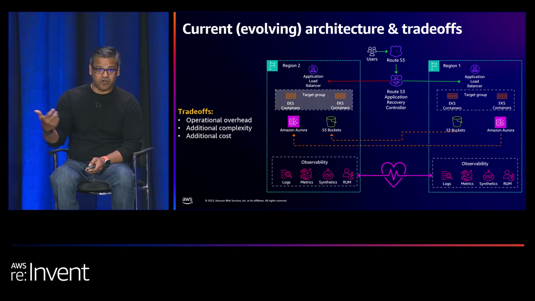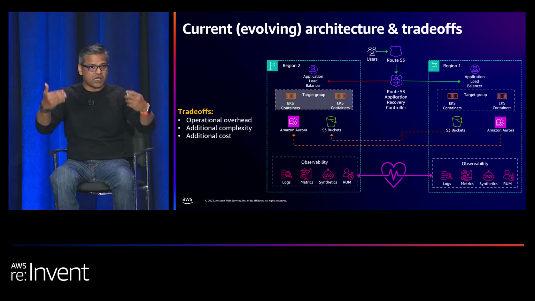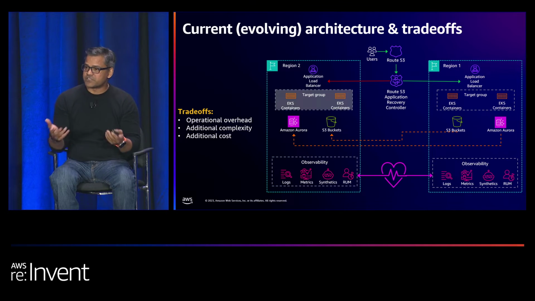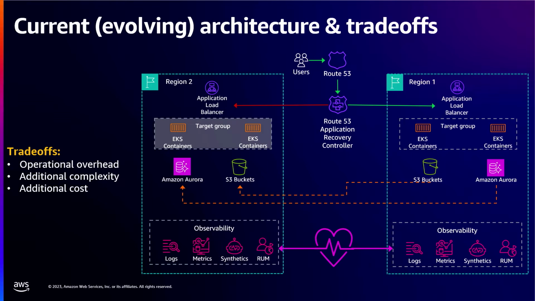Think about all the cross-region observability, looking at your data replication, looking at how your deployment is going on. So there's additional operational overhead, which comes with some additional complexity to think about. You have more steps to think about as you think about failing over and failing back in these architectures. And of course, this also leads to some additional cost to think about.